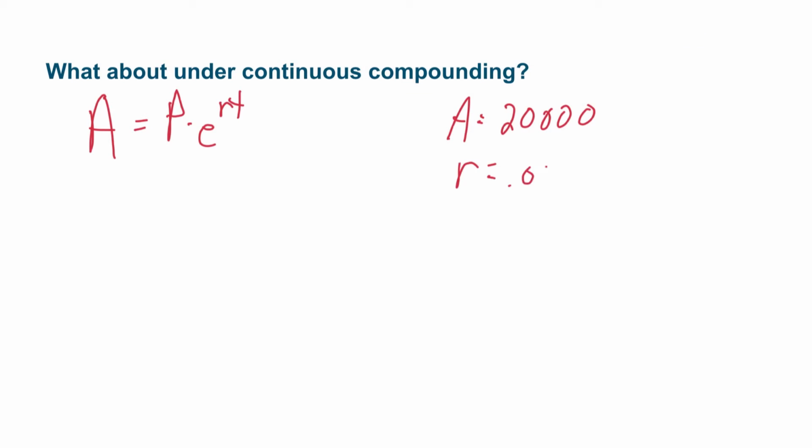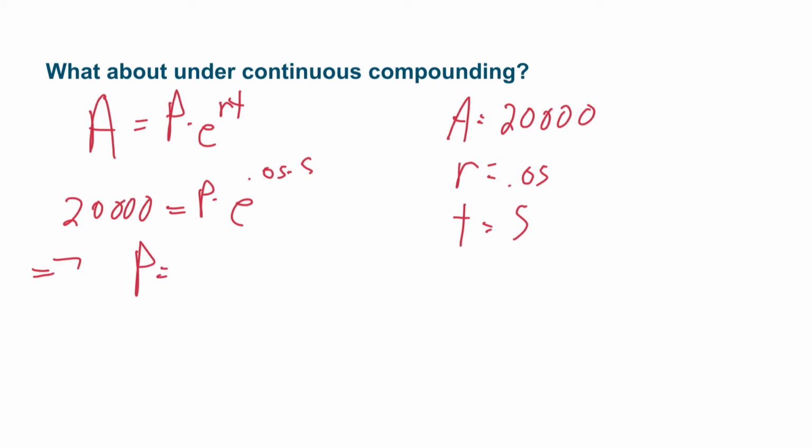The rate is 0.05 and t is 5. So 20,000 should be equal to P times e^(0.05·5). Dividing, 20,000 divided by e^0.25.